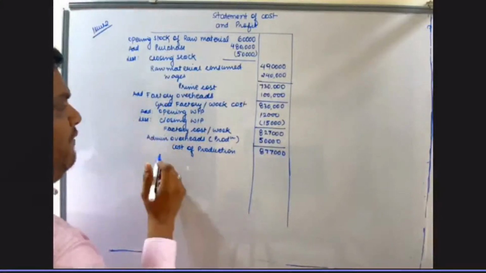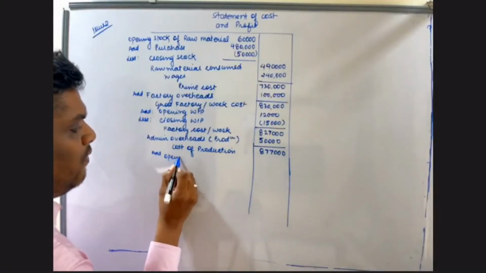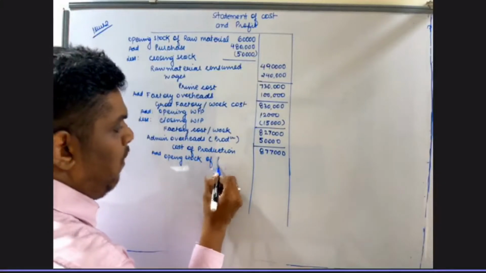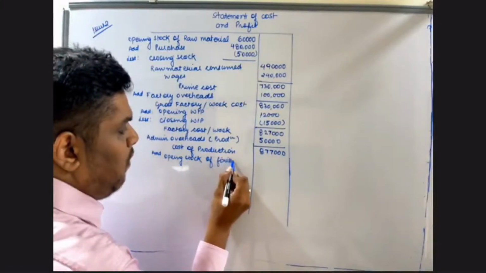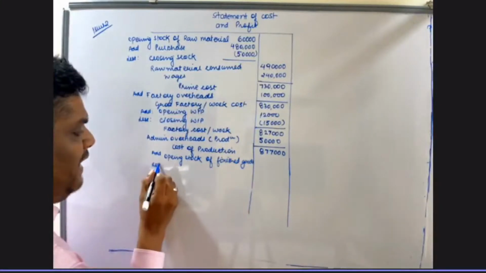Now, we add opening stock of finished goods and we subtract closing stock of finished goods.